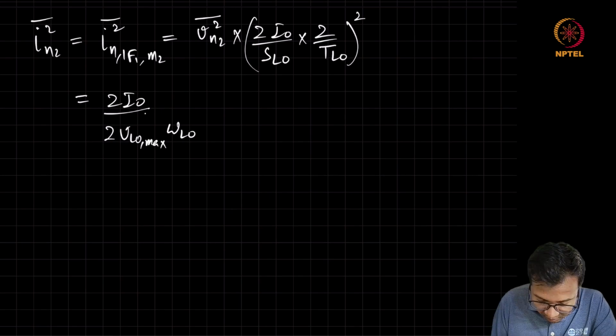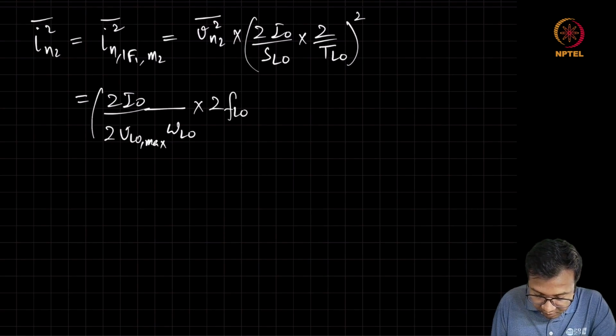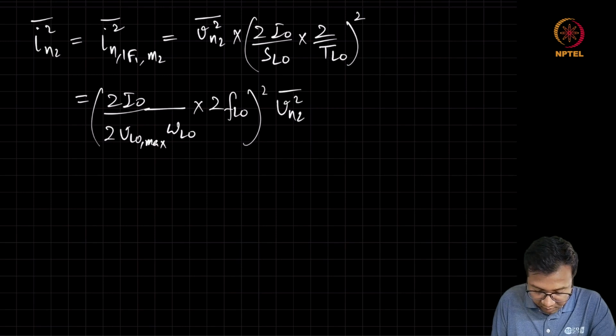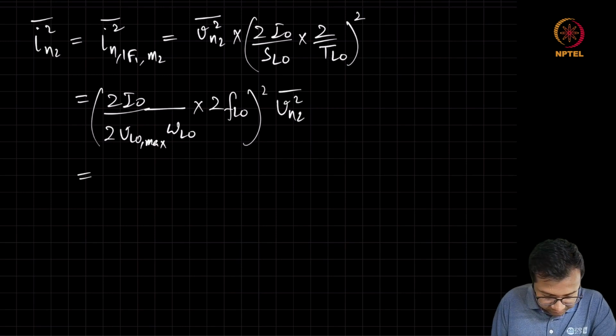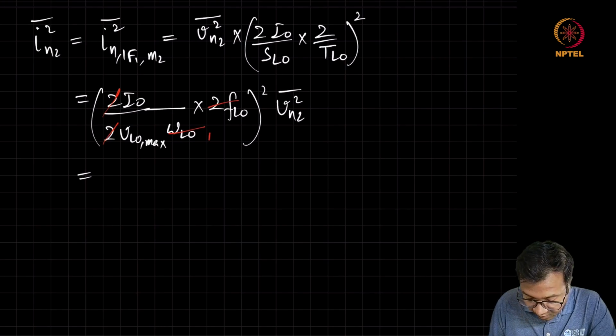That's the slope. Okay. And 1 by TLO is the same as FLO, whole square, after simplification. So here also this omega LO will be 2 pi FLO. So it will just become pi.